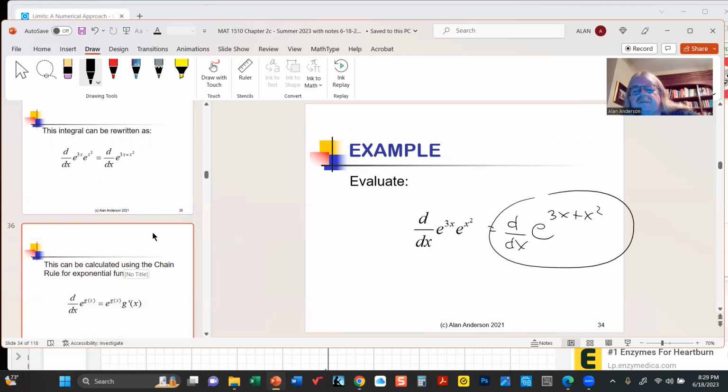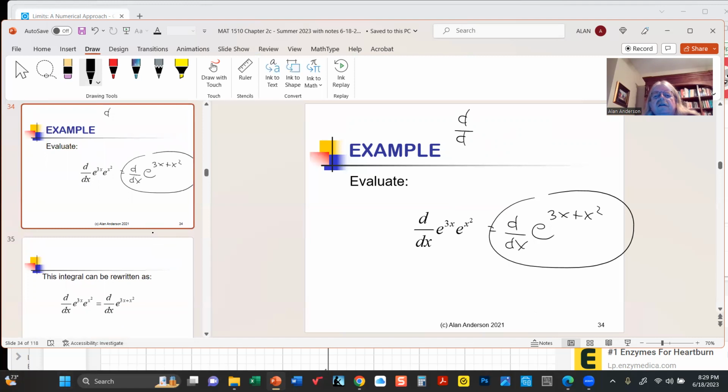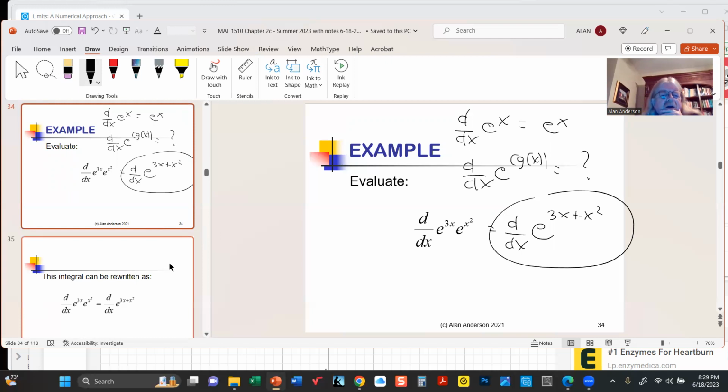Now, we recall, and we mentioned this already, the derivative of e to the x is simply e to the x. What about functions of x? Now what do we do? Well, now you can see the chain rule is going to get involved. But how?